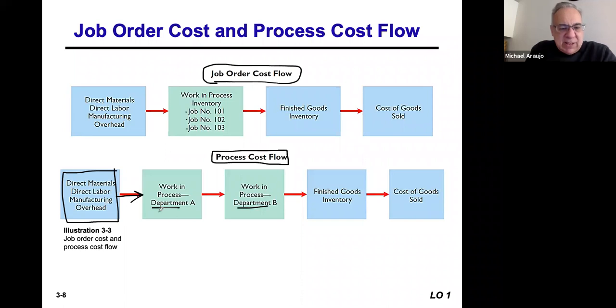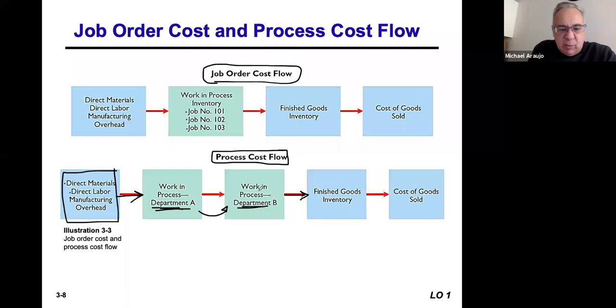In many instances, what Department A does is a portion of the work. They send it to Department B to finish the work, and you'll see that example coming up very soon. Both Department A and Department B are going to take up certain materials, labor, and overhead. It's just allocated differently.